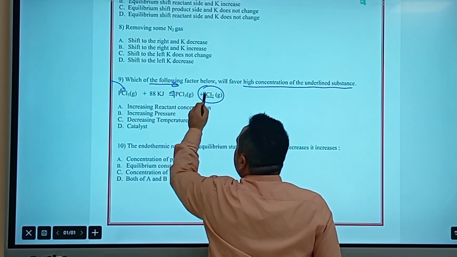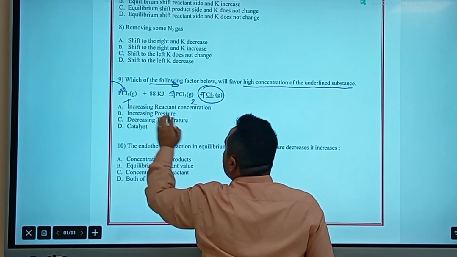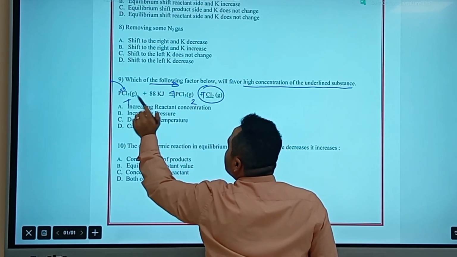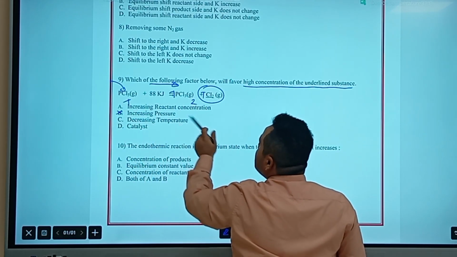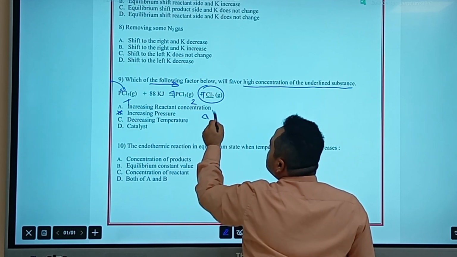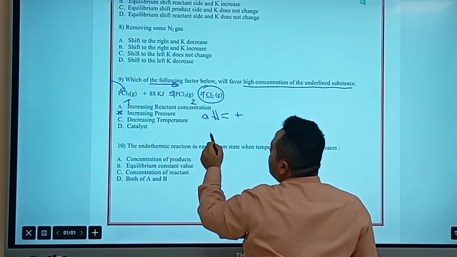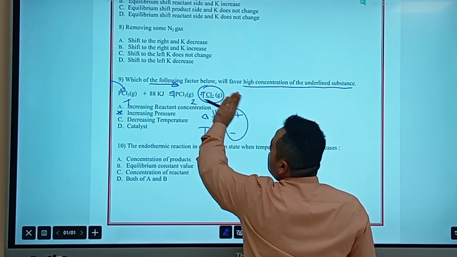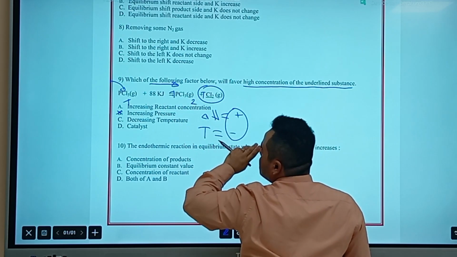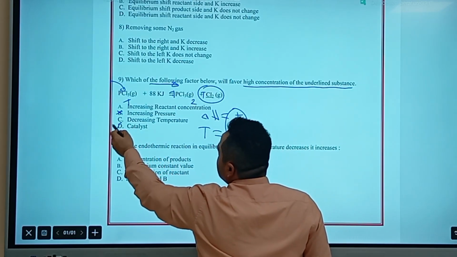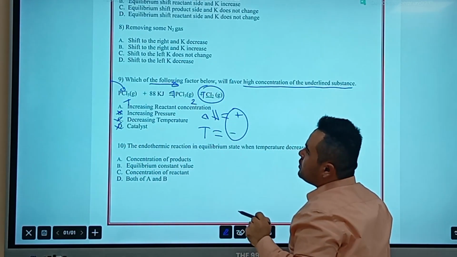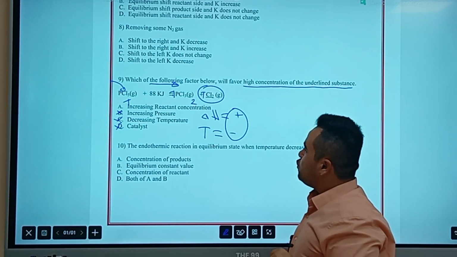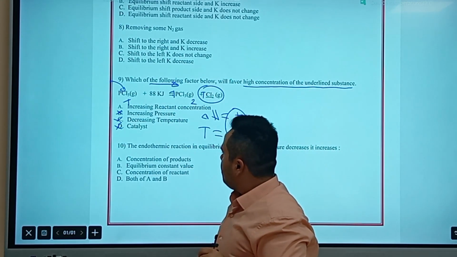Let us check. We have two moles here, one mole there. Increasing pressure favors reverse, so it's incorrect. Decreasing temperature: this reaction is endothermic, positive, and T decreases, negative. These two are opposite, so it favors the reverse direction. And addition of the catalyst, no. So A is the correct answer, which is increasing reactant concentration, which is the PCl5.